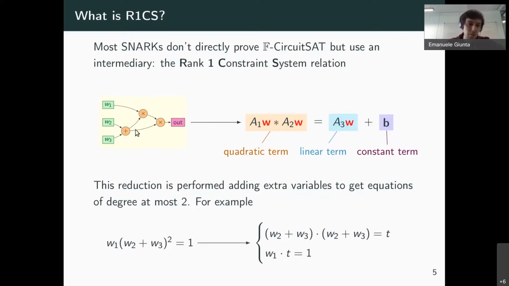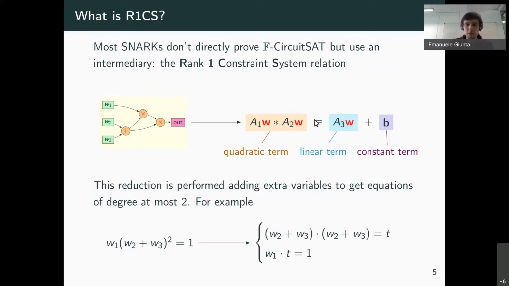And the idea is to move from a circuit that essentially represents, as shown below, just a hypersurface. The idea is to add extra variables to this hypersurface and to consider, instead of just a hypersurface, a set of constraints that are only quadratic. So in the end, we can express the whole constraint that before was maybe of higher degree as a set of constraints of only degree 2.